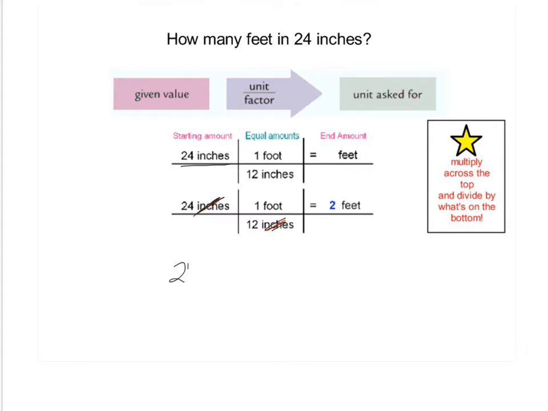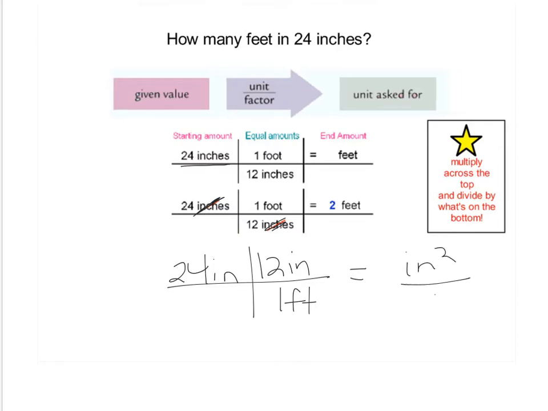I couldn't have written it like this, 12 inches in 1 foot, because when I do the math and multiply across, then that would give me whatever 12 times 24 is, inches squared per foot. And that's not what the problem asked for. The problem just asked for feet, not inches squared per foot.